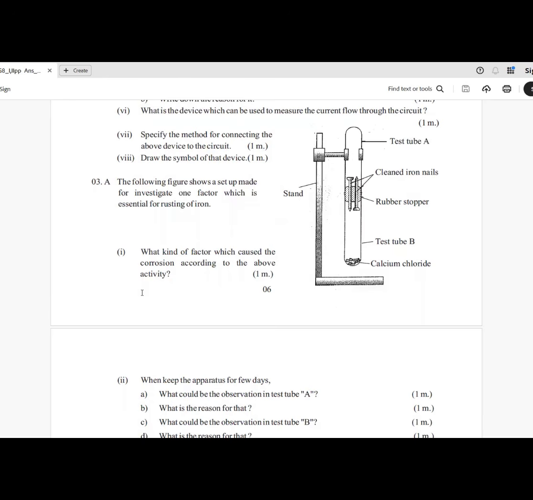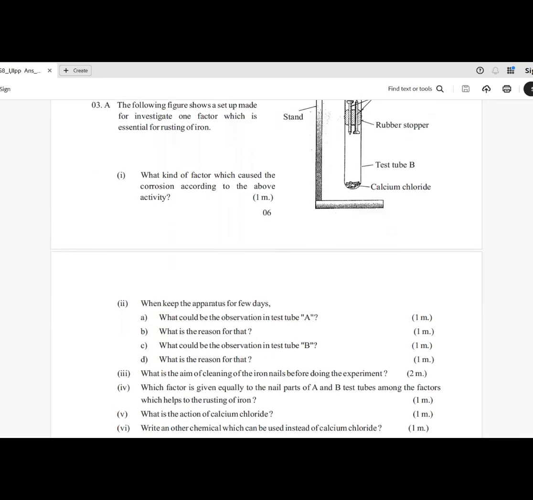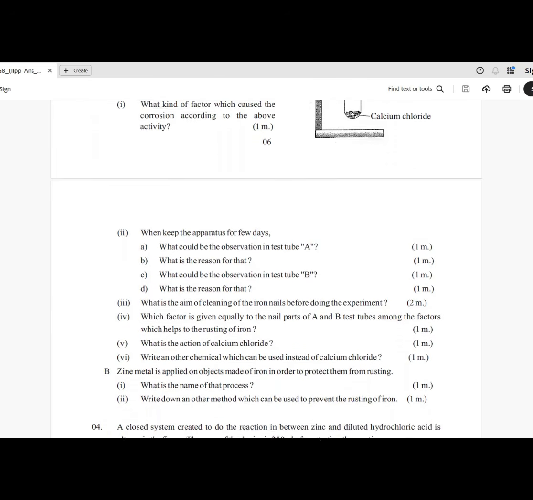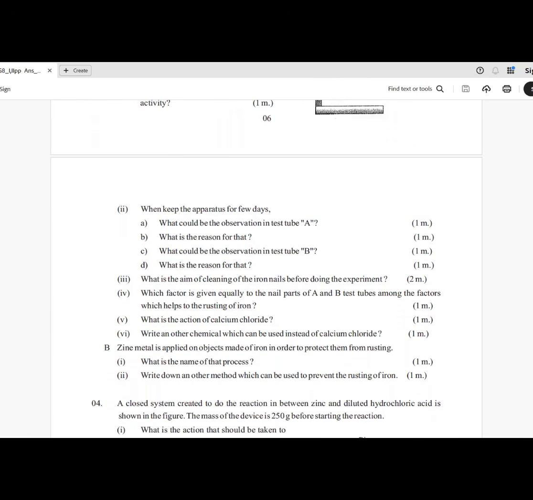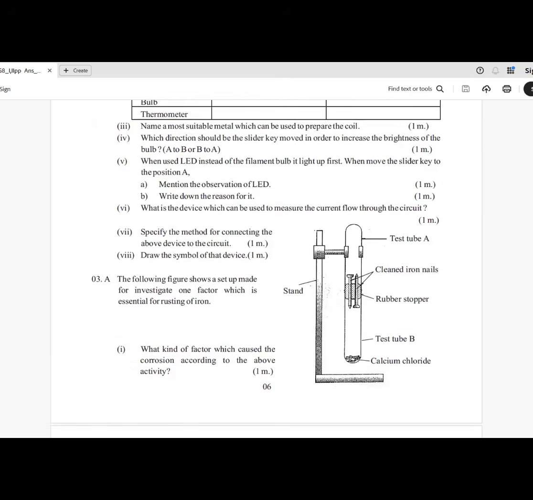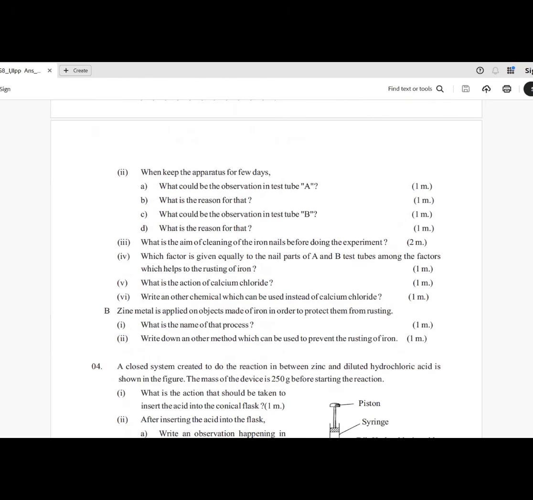Water. Roman number 2. When the apparatus is kept for few days, what could be the observation in test tube A? In test tube A, the observation is part of the nails are rusting.